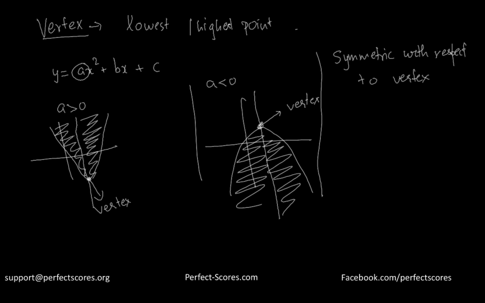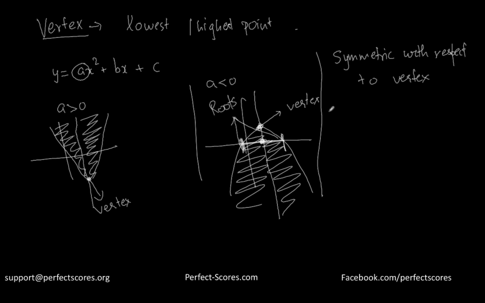That means the vertex lies halfway between this point and this point. And what are these 2 points, guys? These 2 points are nothing but the roots of the equation, isn't it?